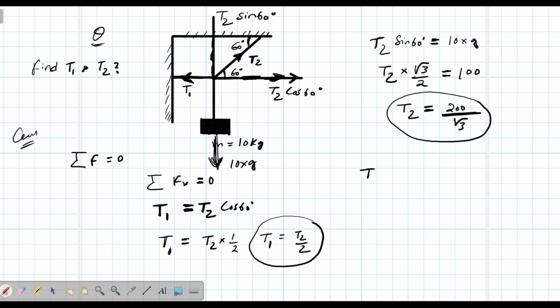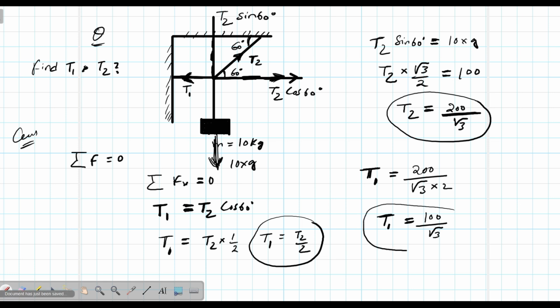T1 equals T2 divided by 2, so 200 by root 3 divided by 2. T1 equals 100 by root 3.